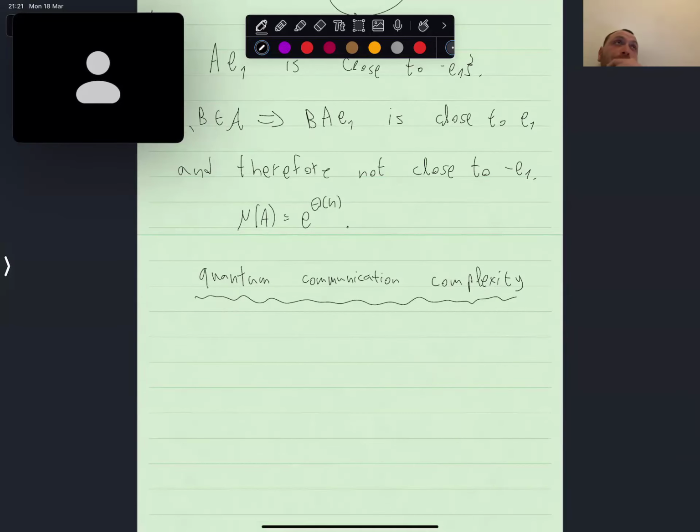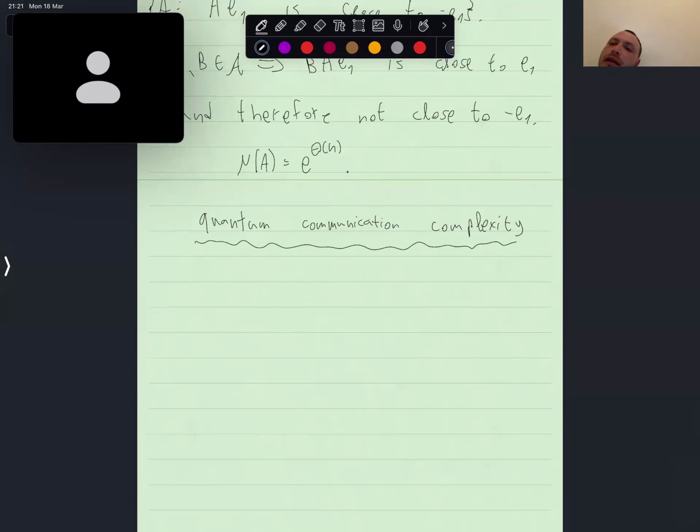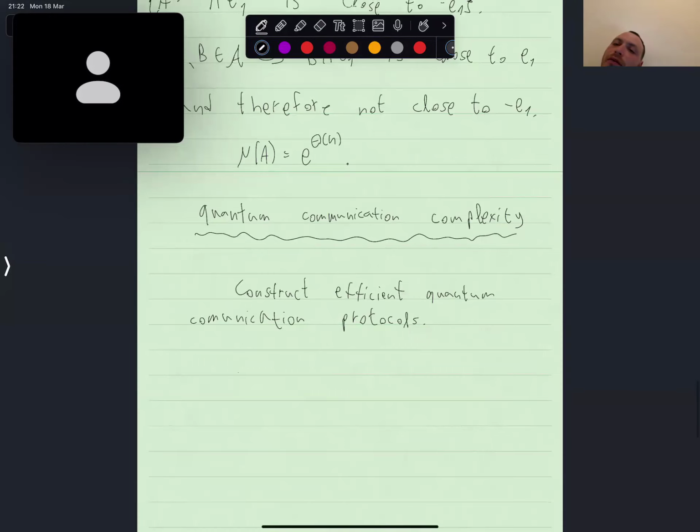So there were physicists that tried to construct efficient quantum communication protocols, which means that you communicate by sending qubits to one another.